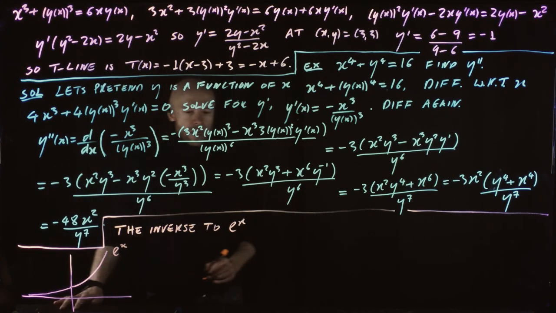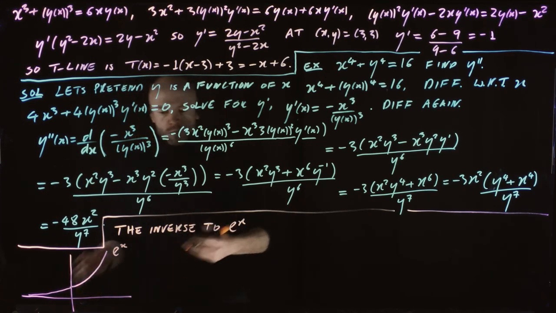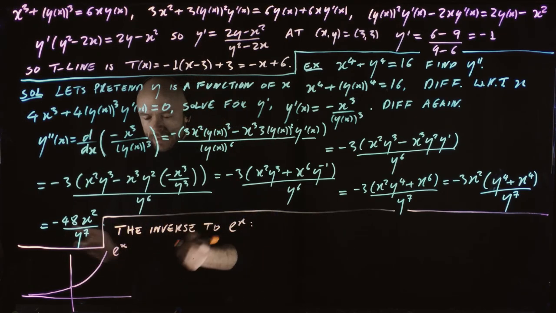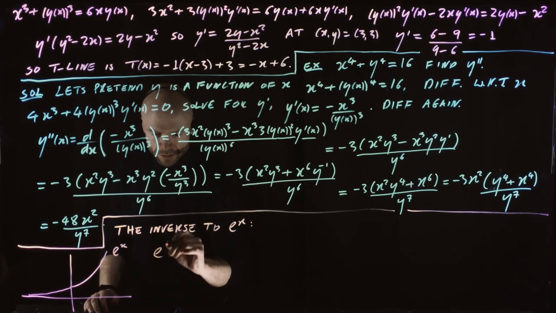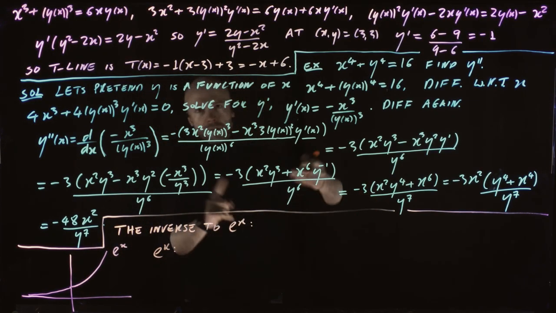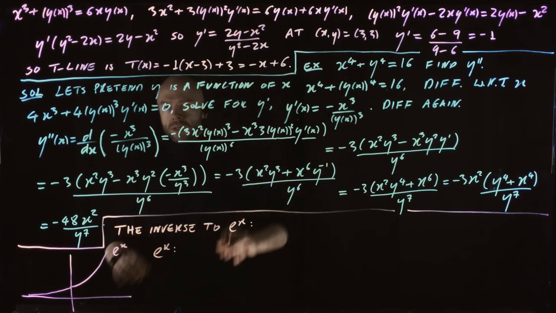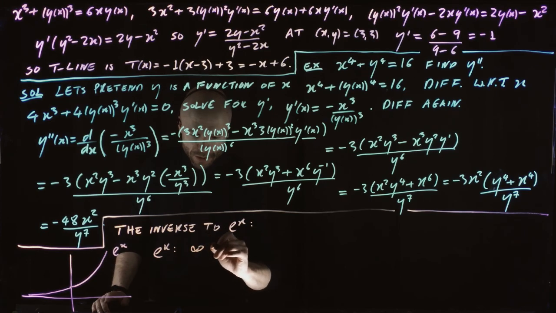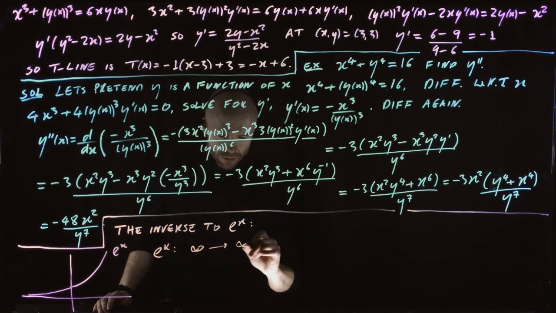Okay, and let's put down roughly the properties of what it does. So what do we know about e to the x? Well, as x goes to infinity, e to the x goes to infinity. In fact, it goes very fast to infinity, right? So as a shorthand, we write e to the x sends infinity to infinity.